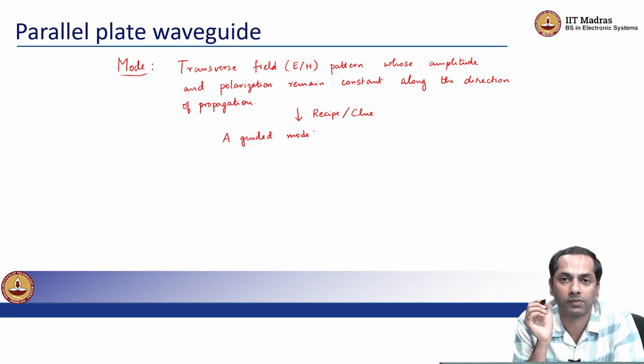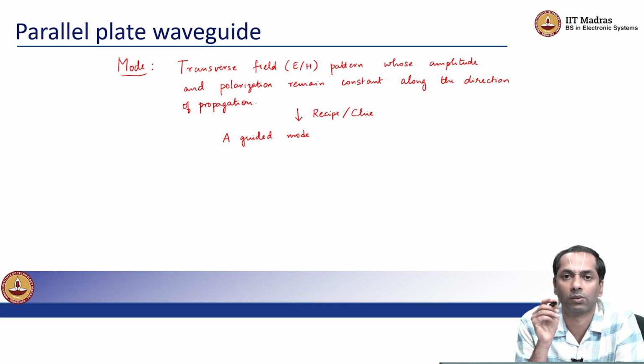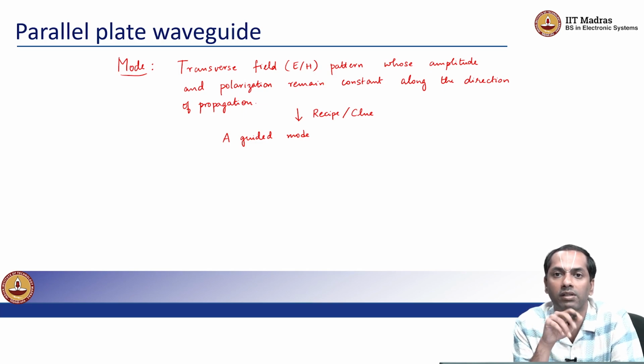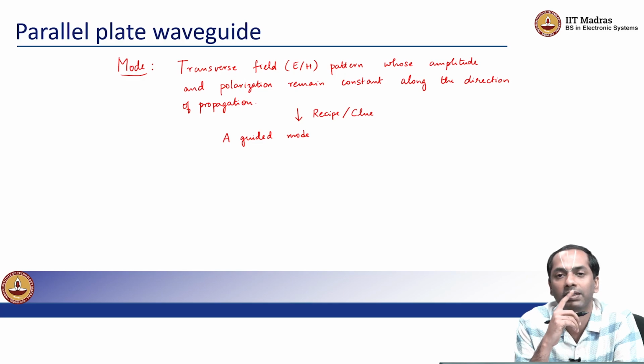right? The reason I call it guided is a very natural question that students ask, right? I said the thetas are discretized for the parallel plate waveguide, and these specific angles give rise to a transverse resonance condition, right? The question that arises next is, what if I move away from the theta and launch a plane wave, right?